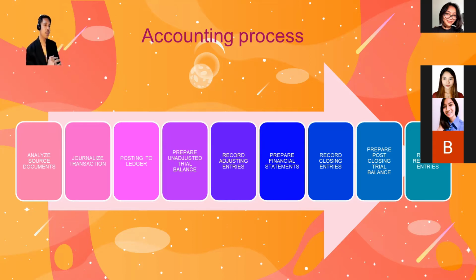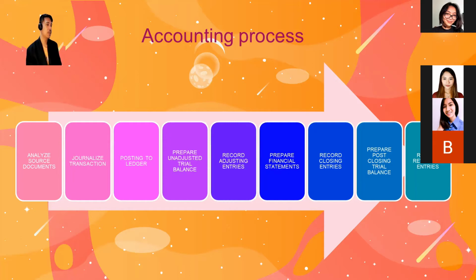As you know, on a monthly basis, we do this. We report our financial statements to different regulatory agencies on a quarterly basis, and finally on an annual basis. That's the ultimate requirement.